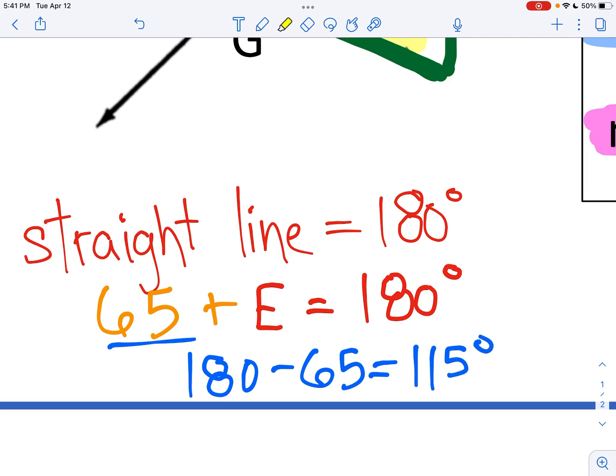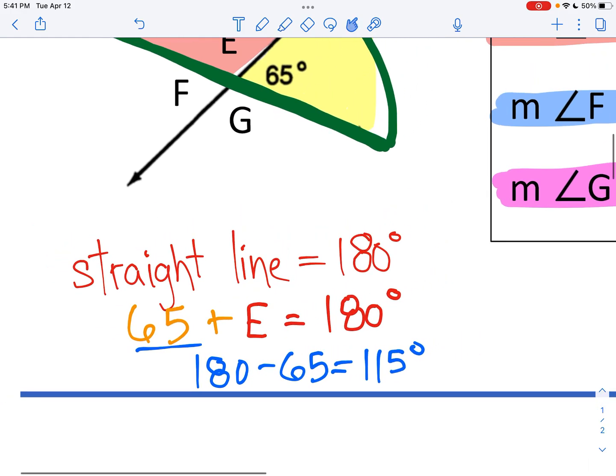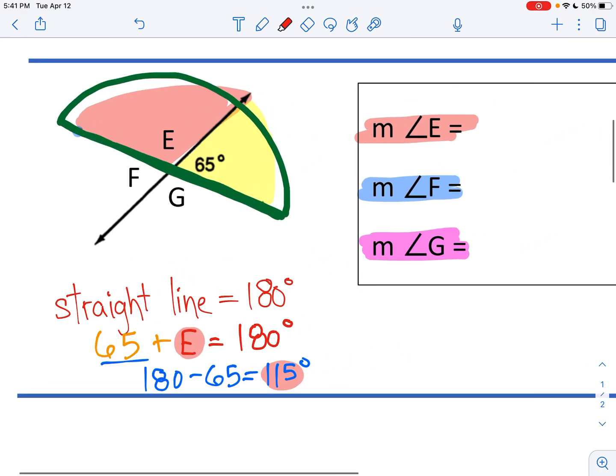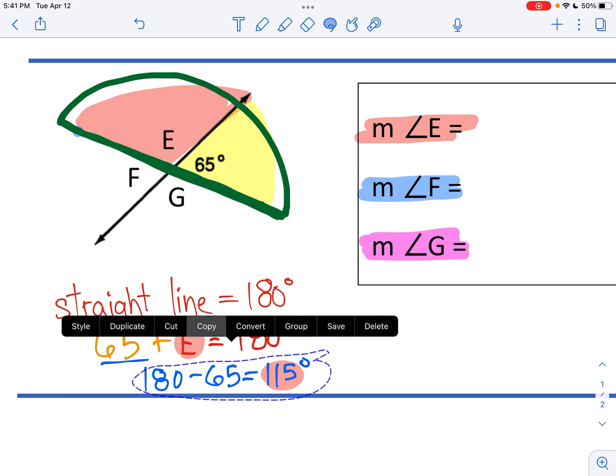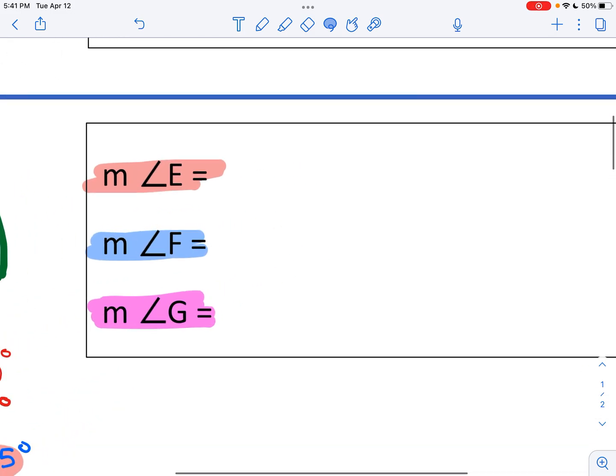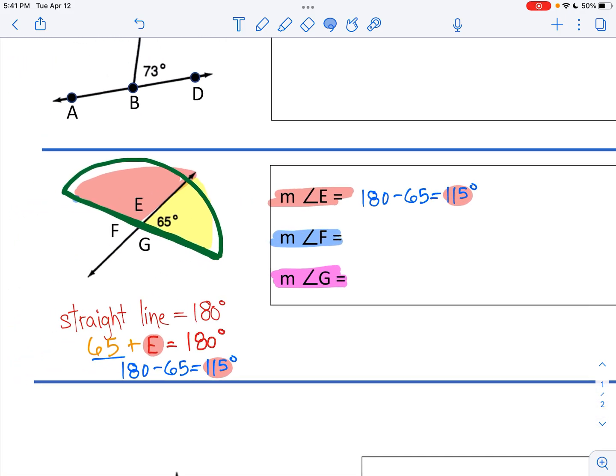That means that E is really the number 115 degrees. So where it says measure of angle E, I'm going to copy and paste it right here. That's how I figured out measure of angle E is 115 degrees, right?